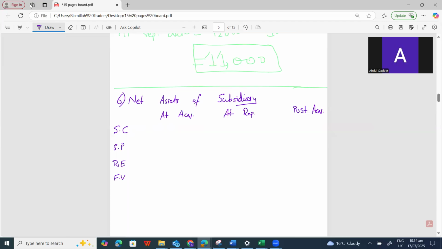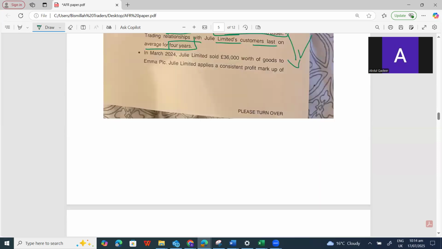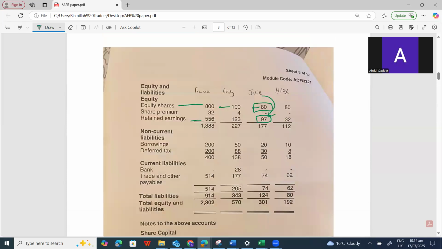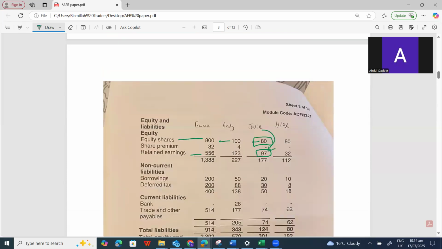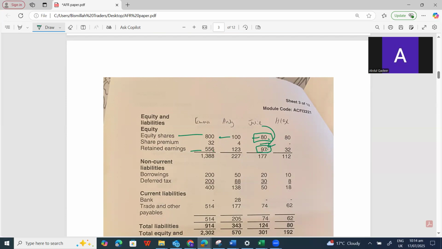Net assets of subsidiary like Julie Limited. You have to mention Julie Limited inside of subsidiary. This is a general one, so I'm writing this. Now we are moving towards the individual financial statement. Julie Limited equity share capital is 80, share premium none, and retained earning 97. Okay, two figures: share capital 80, retained earning 97.